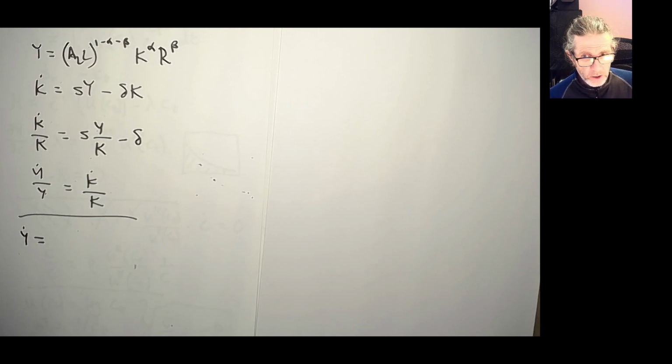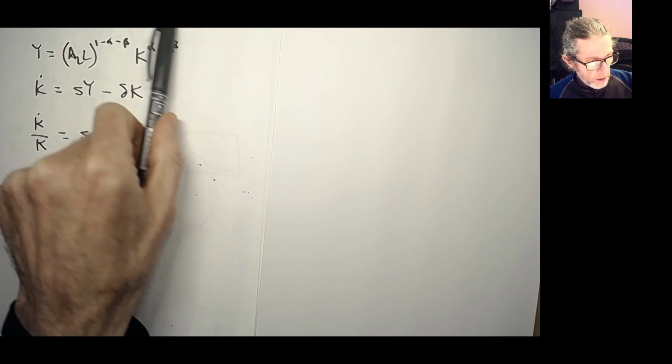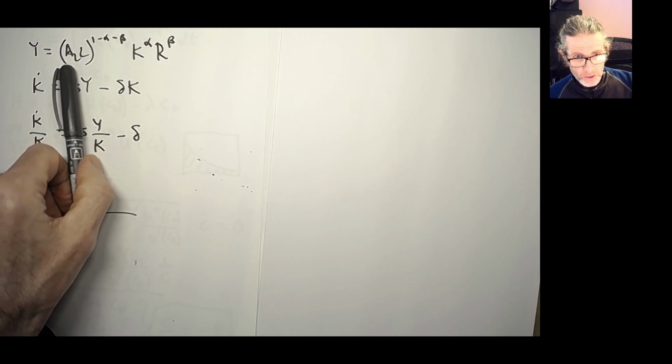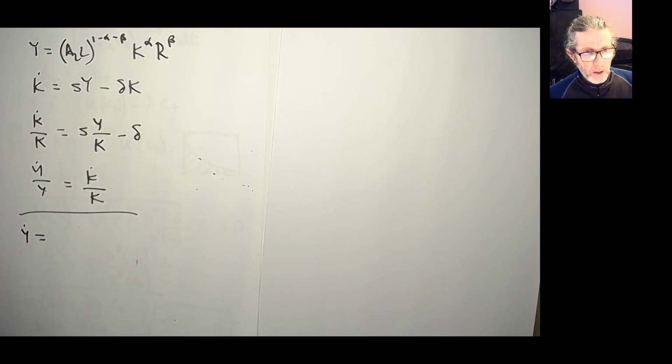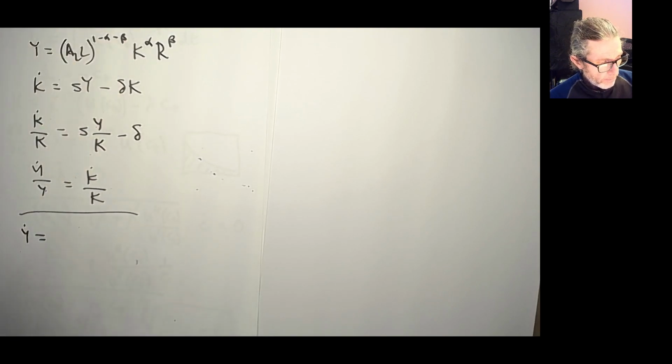So we've got Y dot, dY/dt, is dY/dAL. What's dY/dAL? AL to the power of this, so it's 1 minus alpha minus beta times everything divided by AL, because we're dropping a power of 1 on AL. So the whole thing is just Y, so it's 1 minus alpha minus beta times Y over AL.